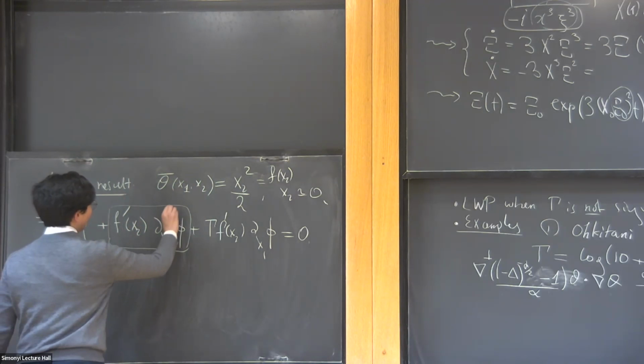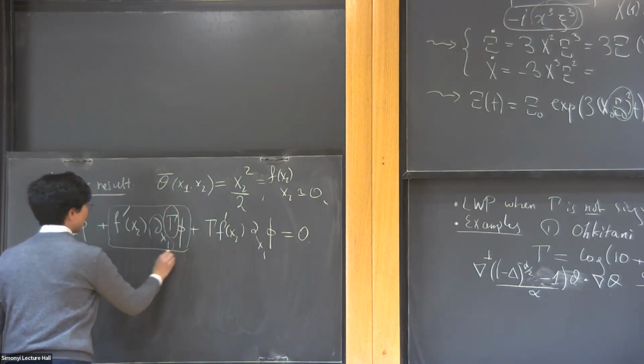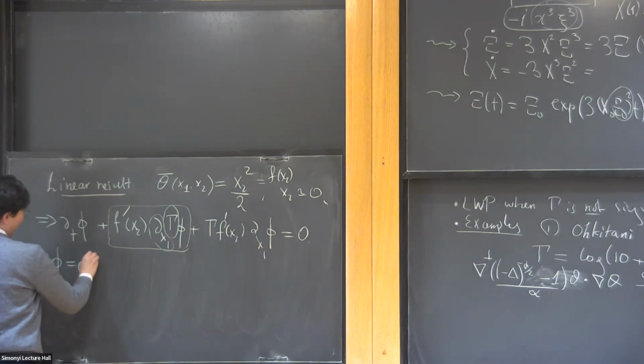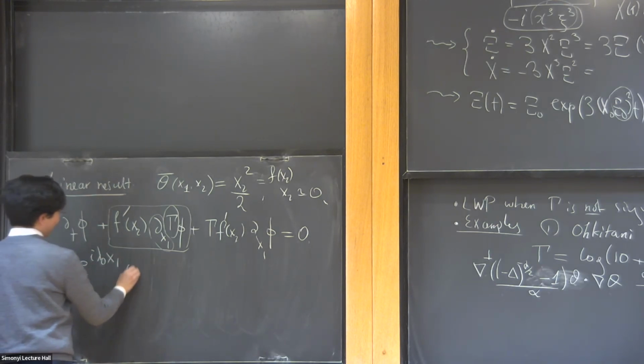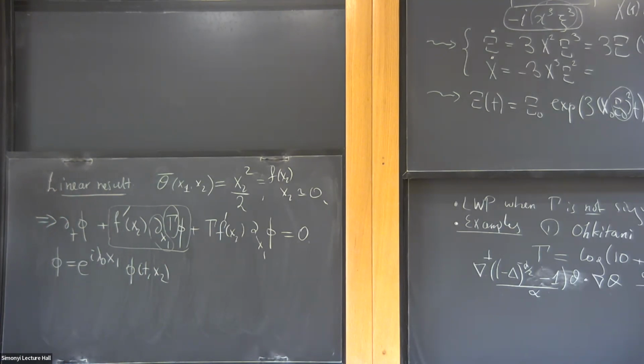Because this multiplier, I mean, even neglecting this dx1, which you can separate away, by rewriting phi with e^{i lambda_0 x1} times phi of t and x2, with some abuse of notation.